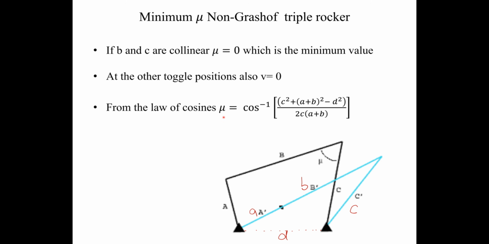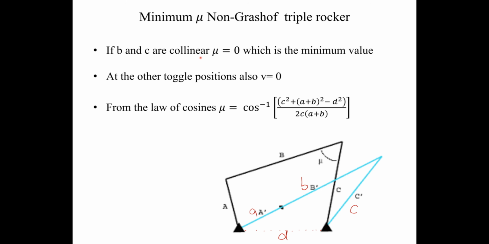This angle is basically this angle. This is the minimum mu, and this is the numerator from the law of cosines: the sum of the squares of the two sides minus the square of the third line. All numerators are squares. So this is the law of cosines for a situation where we have a non-Grashof triple rocker, and this mu is the second minimum mu.